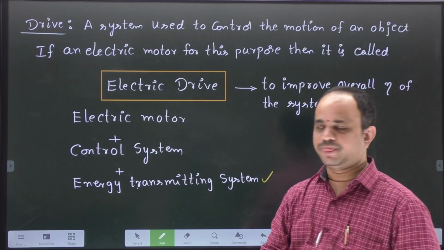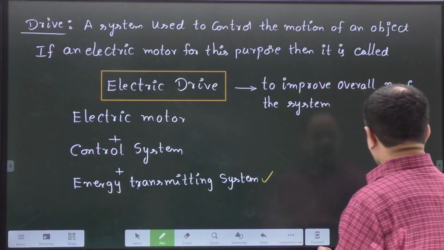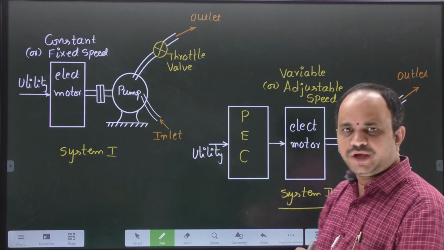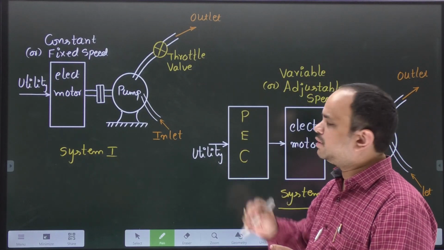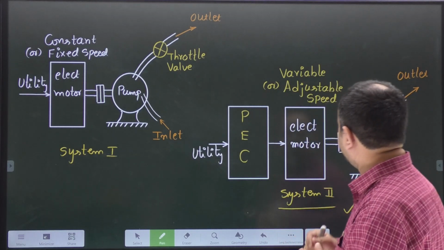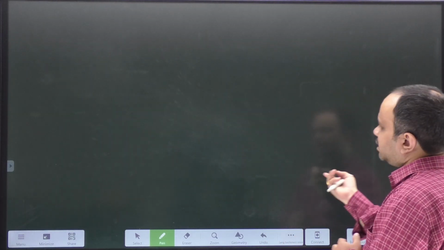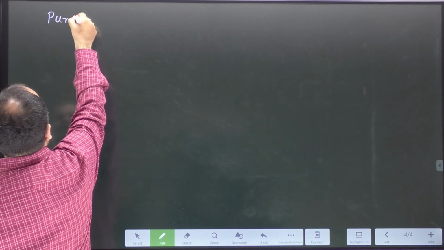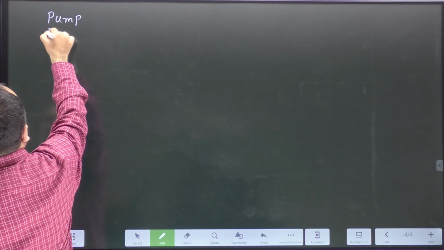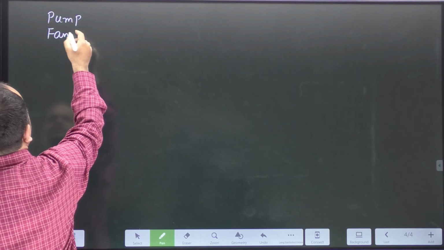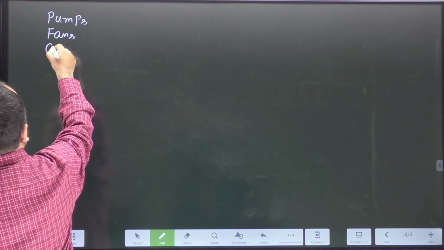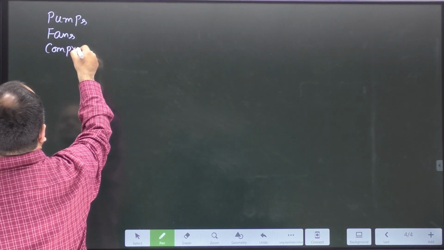Now, we can have another simple mathematical way also just to convince ourselves of this aspect. Here I took an application called a pump. Another popular load: fans, or let me write pumps, fans and compressors.